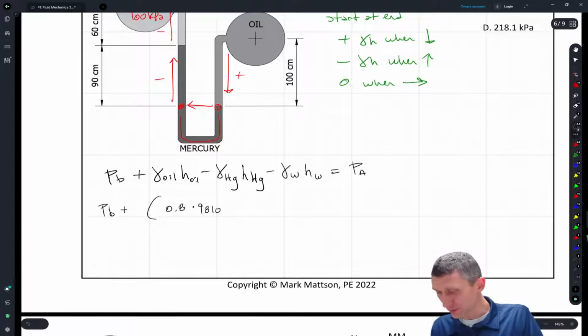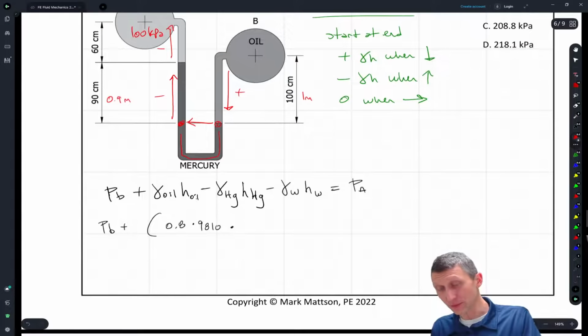That's our conversion, and that's times our height of oil. 100 centimeters is 1 meter, 90 centimeters is 0.9 meters, I'm sorry, 60 centimeters is 0.6 meters.